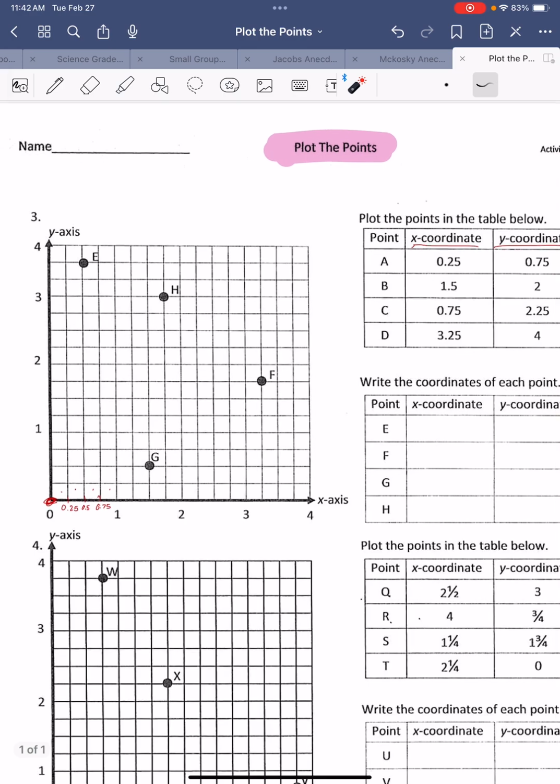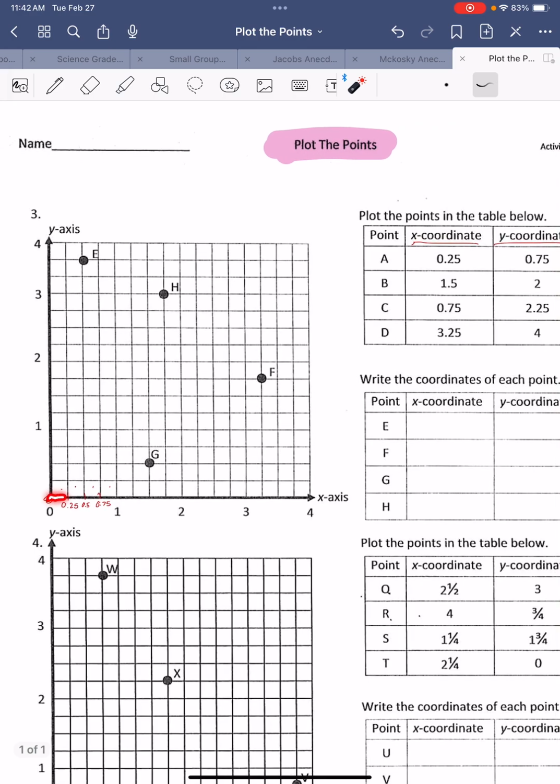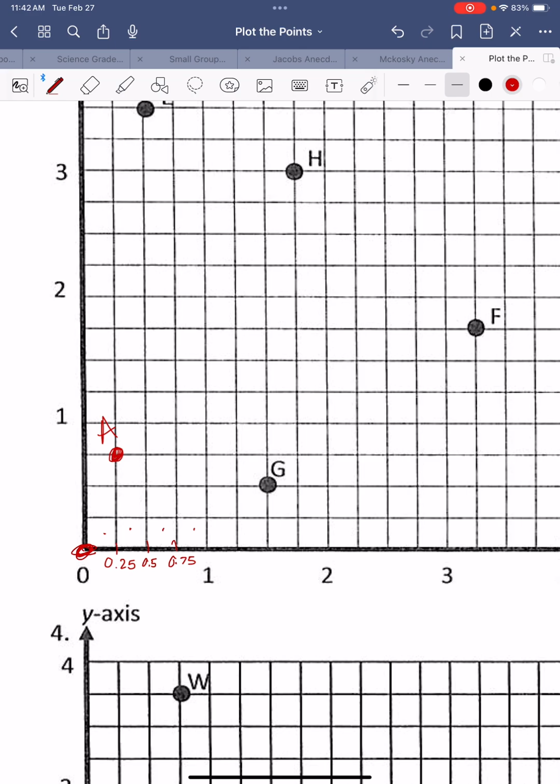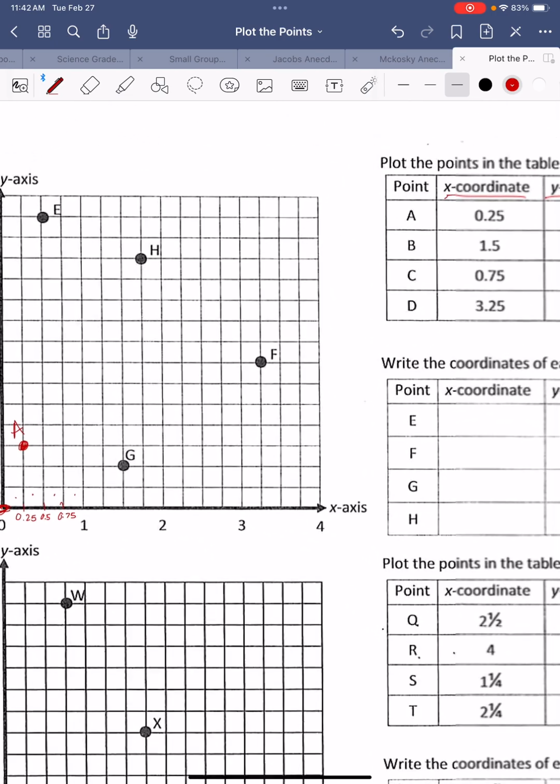My Y coordinate is 75 hundredths. So I moved over 25 hundredths, I'm going to move up 75 hundredths, and I'm going to plot that point and label it A. Notice how I didn't draw any actual lines on my paper. I just plotted where that point should be with no lines. All I did was trace where I was traveling.